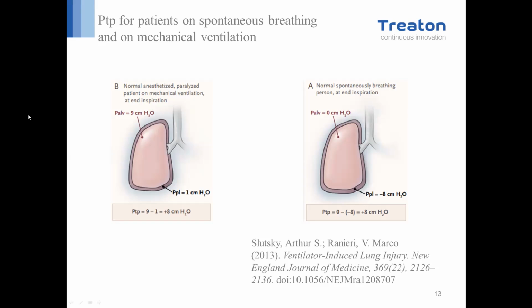Picture B shows the same lung for the patient who undergoes general anesthesia and positive pressure ventilation with the use of the same tidal volume as in picture A. The lung will be similarly stretched with the alveolar pressure of 9 centimeters of water and pleural pressure of 1, for a transpulmonary pressure of plus 8 centimeters of water.